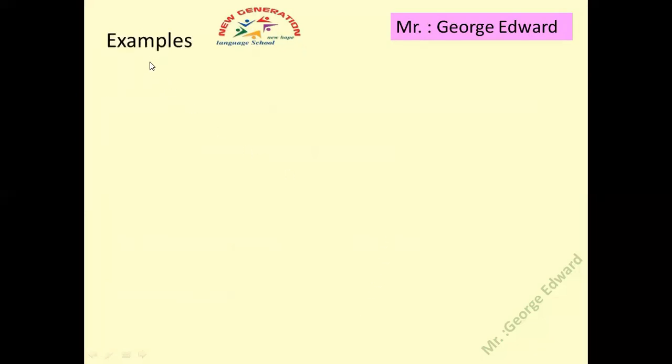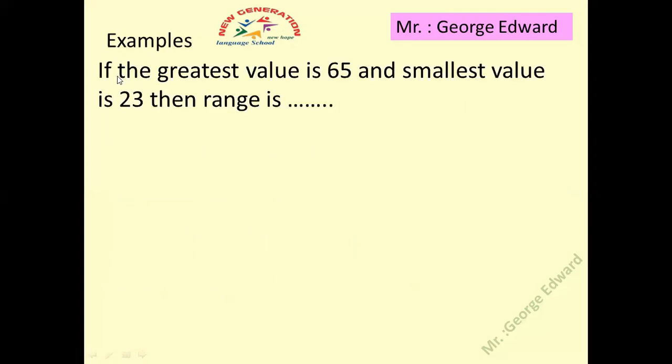For example, if the greatest value is 65 and the smallest value is 23, then the range is, excellent, 65 minus 23 equals 42.